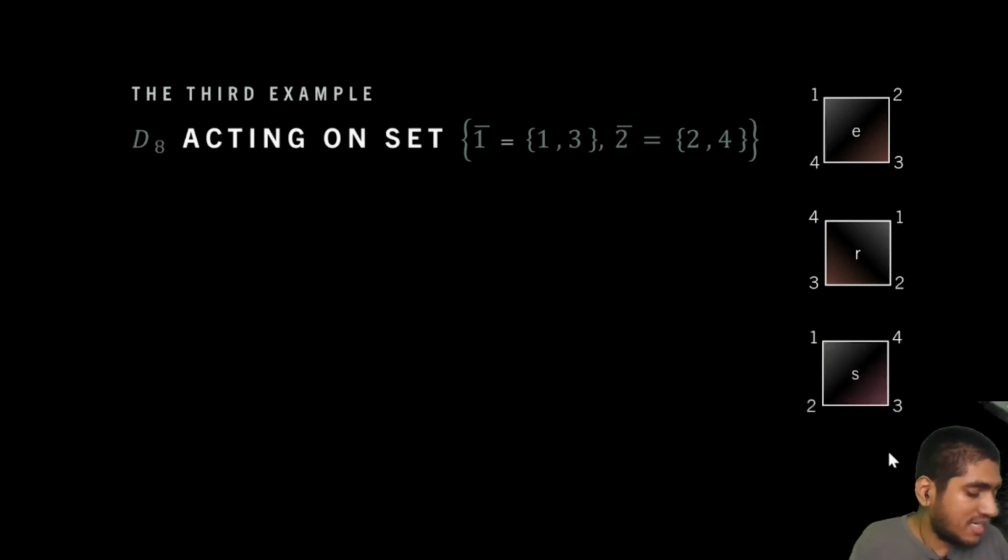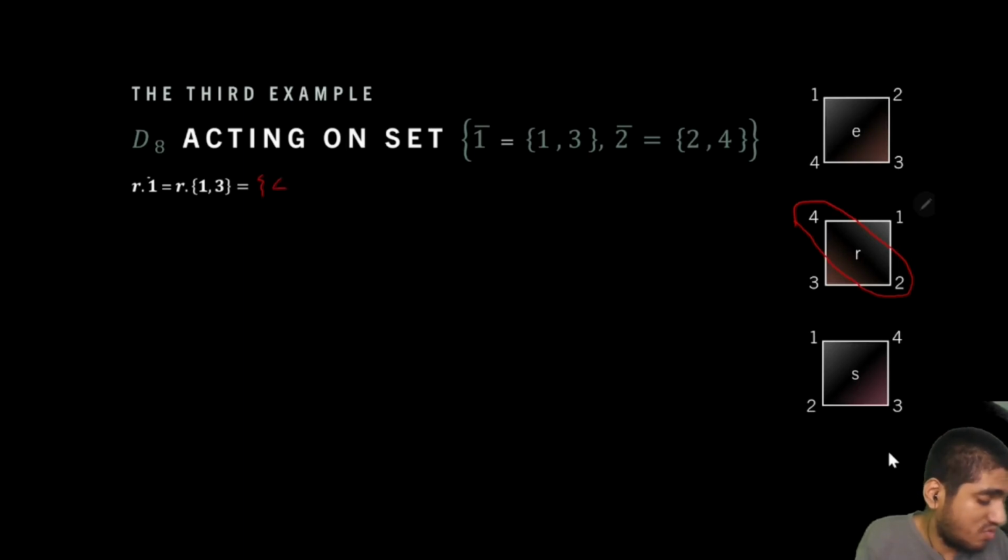The group action is given by r dot 1 comma 3 is equal to, that's right, in place of the combination 1 3 you have 2 and 4, the set 4 2, and this is a set, therefore this is nothing but 2 comma 4. Wait, we already gave it the label 2 bar.